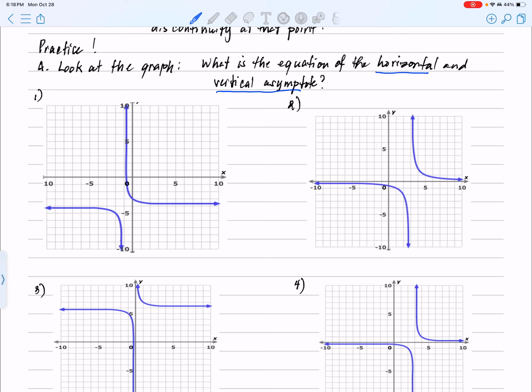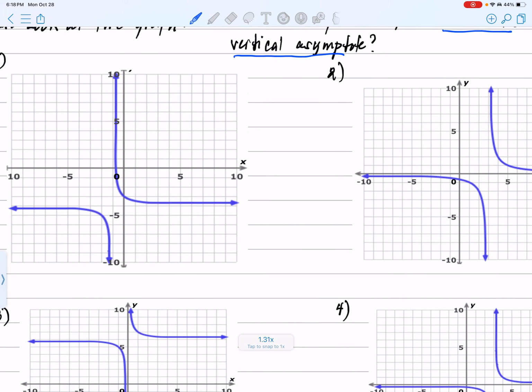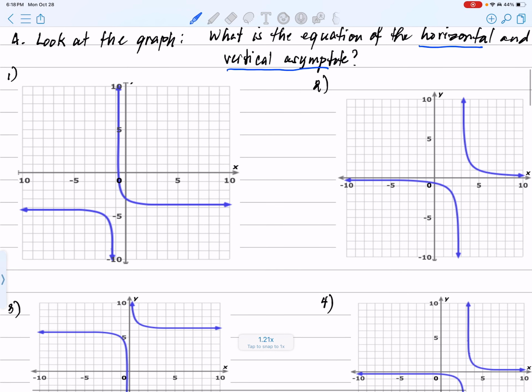Okay. So I'll start with this graph right here. I'll start with the vertical asymptote. All right, I could find somewhere here. This is 0 right here. So this will be 1, 2, 3, 4, 5.